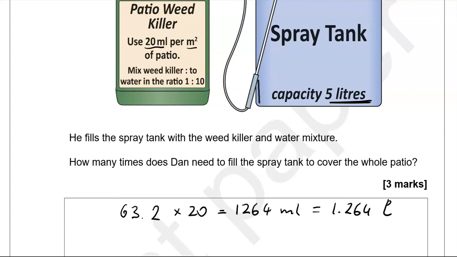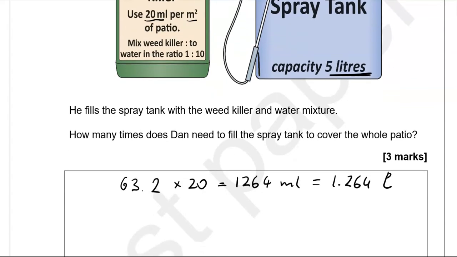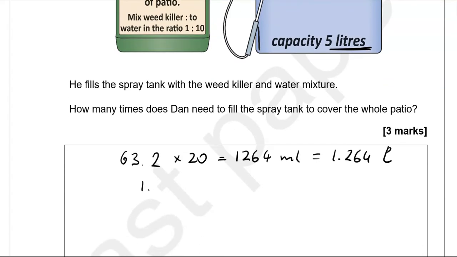Now it says that we need to mix weed killer to water in the ratio of 1 to 10. So we're going to need 10 times more water. So multiplying 1.264 by 10, we get 12.64 liters of water.